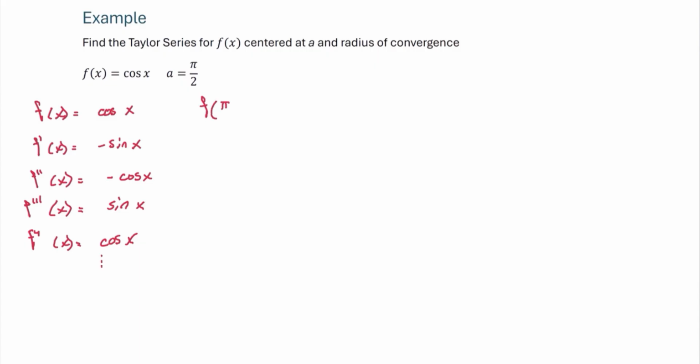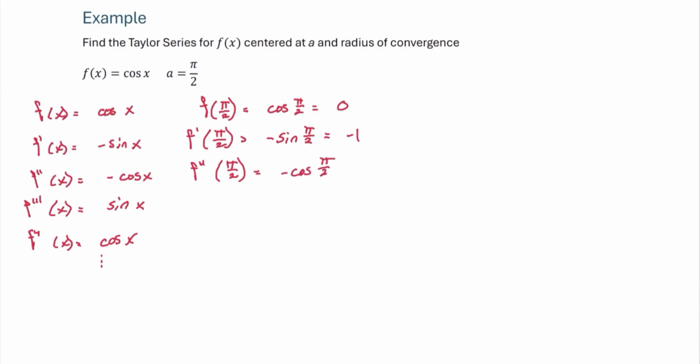So f evaluated at pi halves. Cosine of pi halves is 0. F prime at a. Negative sine of pi halves is negative 1. Second derivative, that is negative cosine of pi halves.